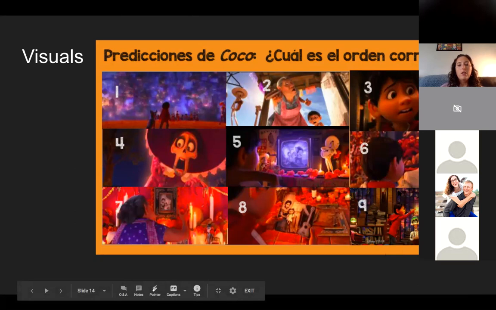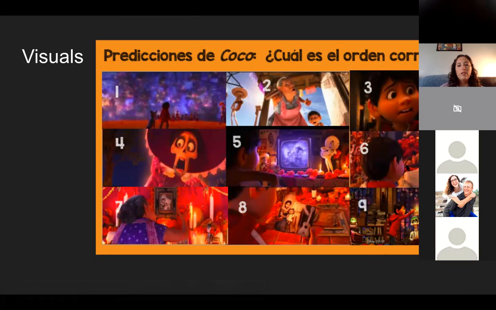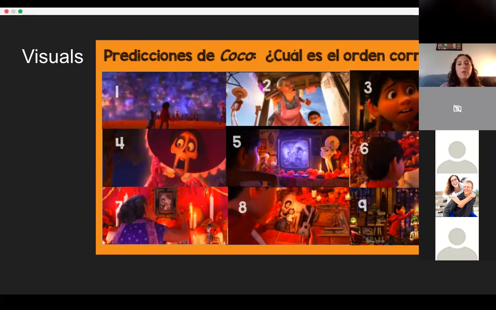I've also done it where students do not see the screen. And so they have to just draw a quick little sketch, and I tell them stick people are fine. I'm just checking your comprehension, so that I know that you're understanding what I'm saying. Because with comprehensible input, it is very important that you constantly check in with the students, because you don't want them to get lost.